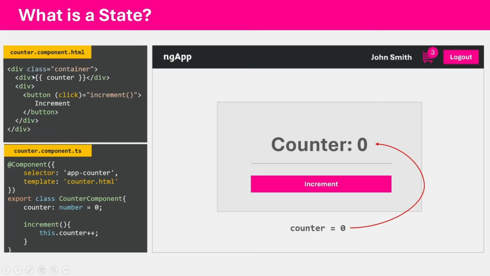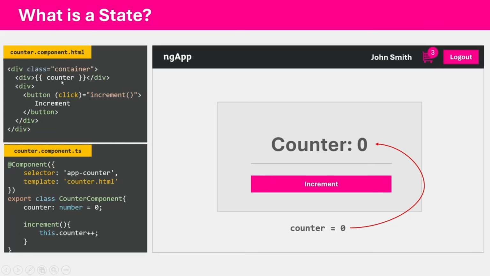Inside this div, I'm displaying the value of the counter property. So here, this counter property is storing some data and we are displaying that data in the UI. So we can say that this counter is nothing but a state in our Angular application.